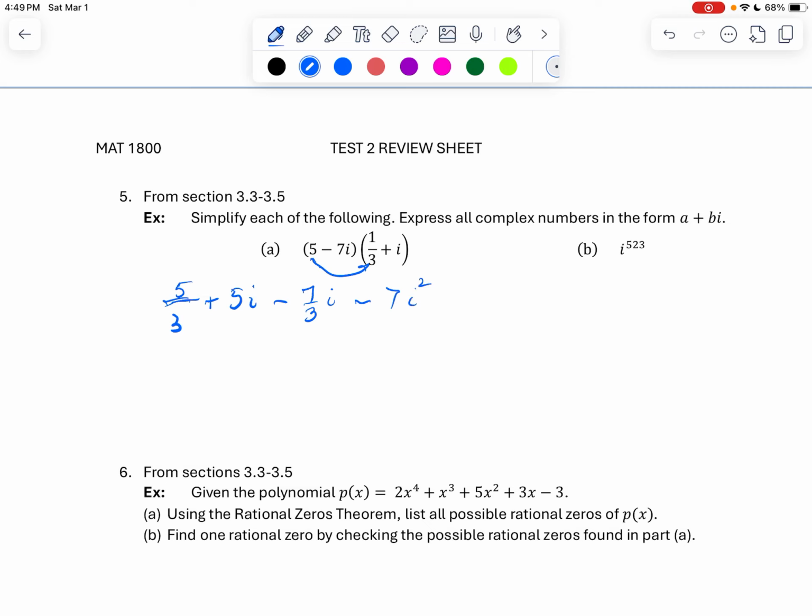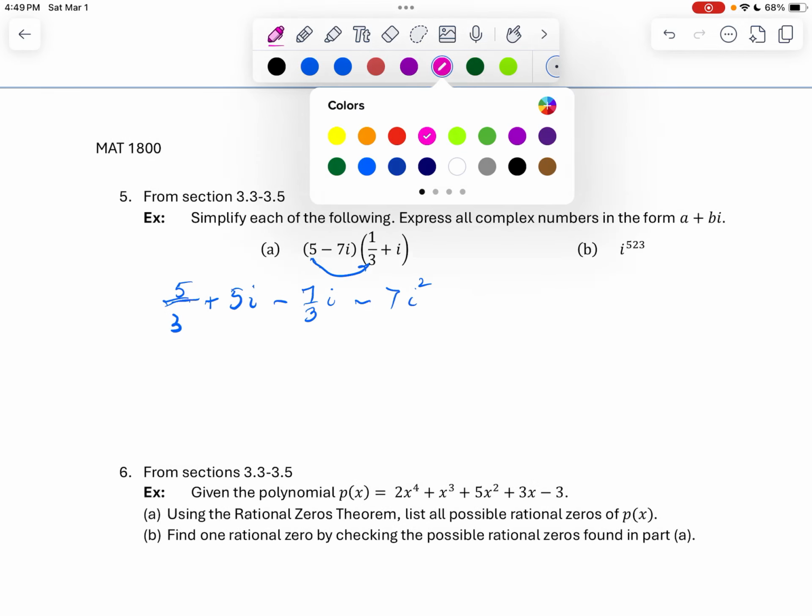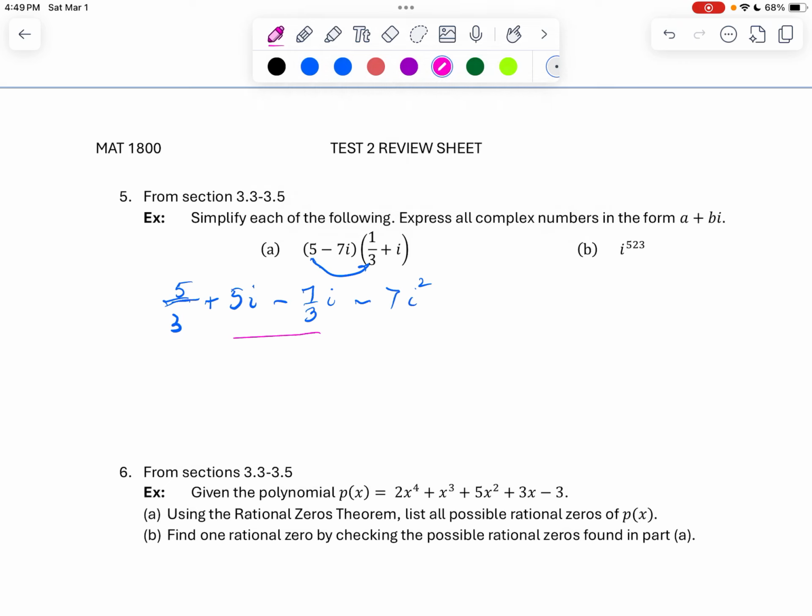So I will combine these middle two terms, and we will leave the first term as it is. So how do I combine these two? Well, you can factor out the I. So it becomes 5 minus 7/3 I. So we can add 5 minus 7/3.